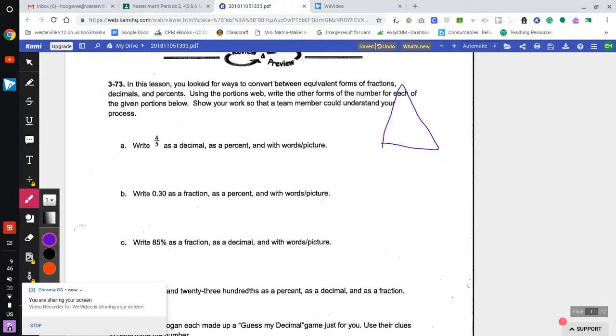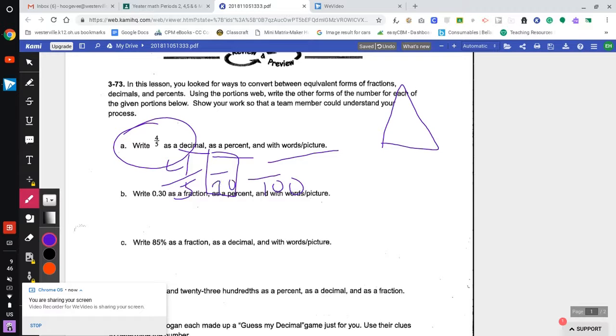So just to give you a hint, the first one, they give you 4/5. They want you to write it as a decimal, a percent, and words or picture. So again, I would have to convert 4/5 to my decimal, using the giant 1. 4 times what is 100? Well, 4 times 20. So what I do on the bottom, I'll do on the top, which would be 80.